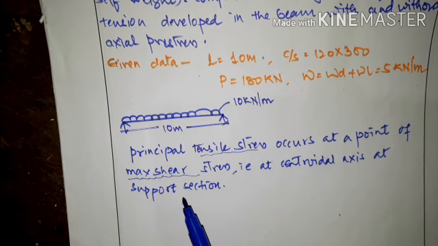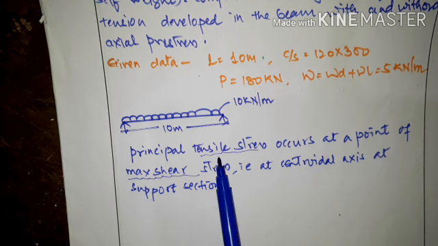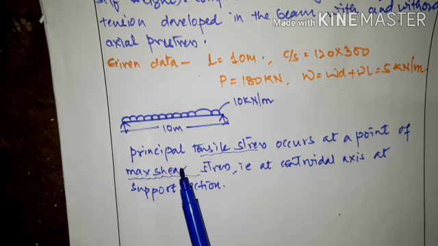But f maximum is tensile, which leads to shear cracks or diagonal cracks in the section.